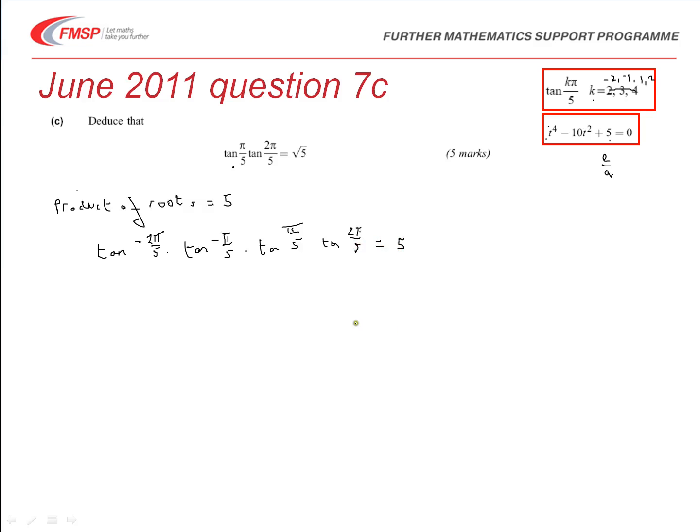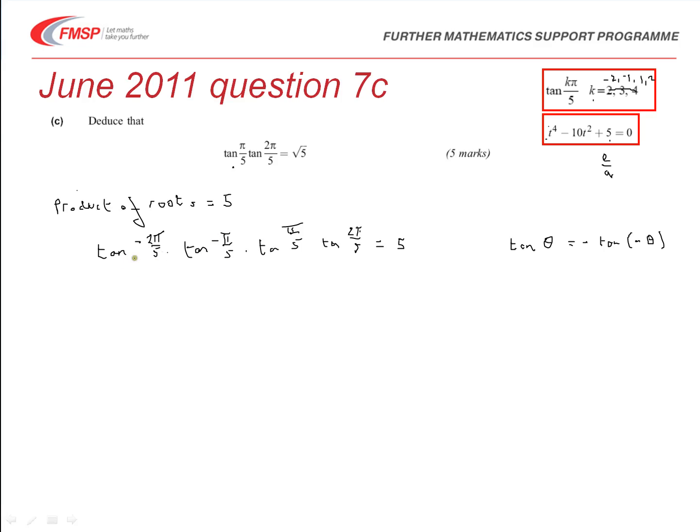Okay, well, what do we know about tan? Well, the tan function, we know that if you take tan of theta, it equals the negative of the tangent of minus theta, because of the symmetry of the graph. So in fact, the tan of minus pi by 5 is minus the tan of pi by 5.